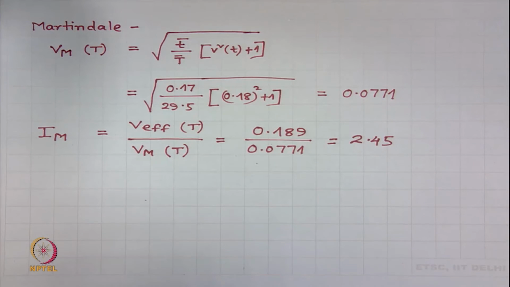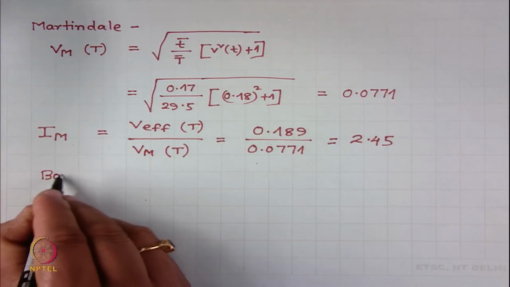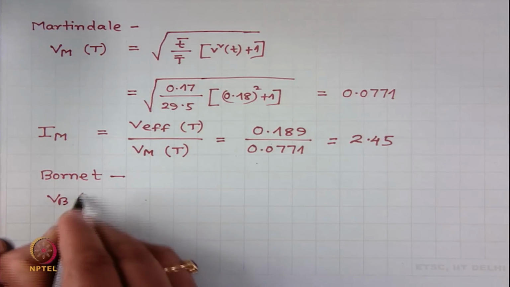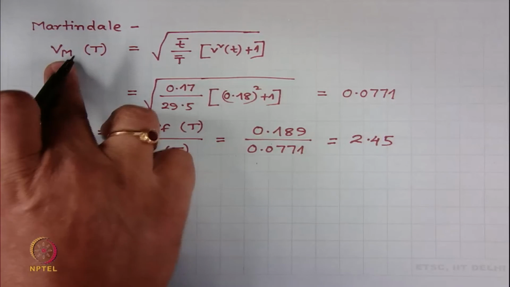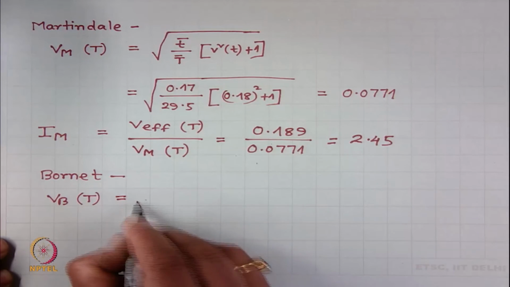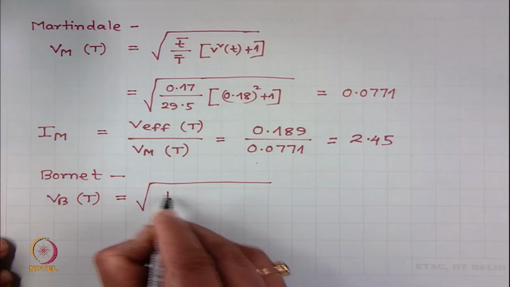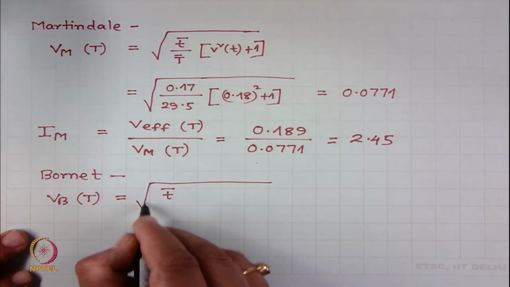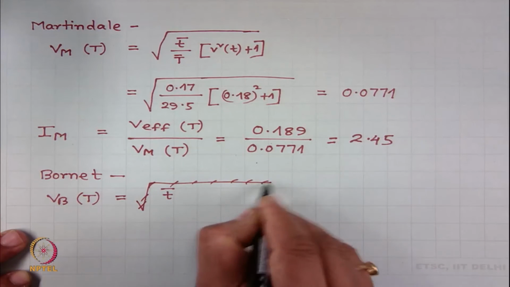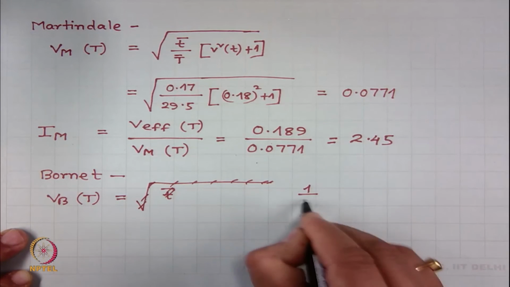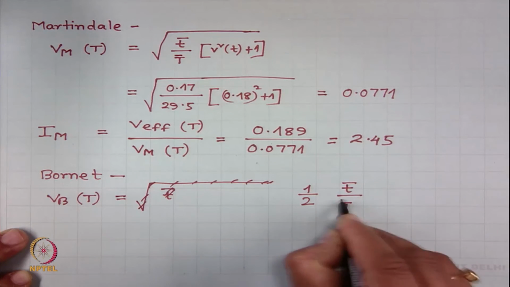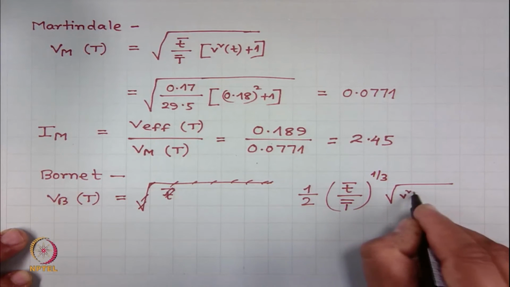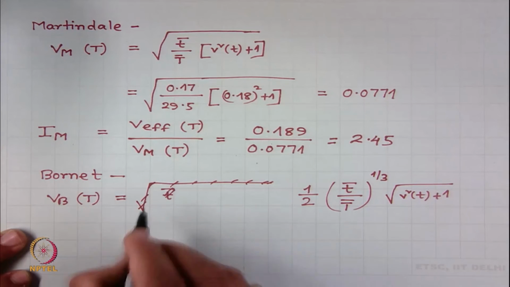Okay. Now, let us use Bornet's expression. Bornet's V_B, B stands for Bornet, M stands for Martindale. This was half T bar by this to the power 1 by 3 into B square T plus 1, that was Bornet's, right.